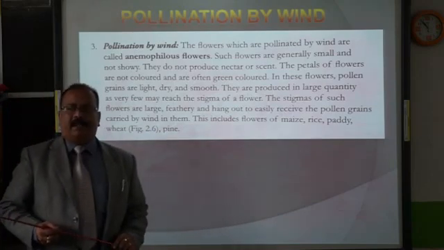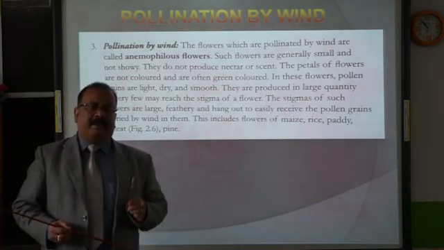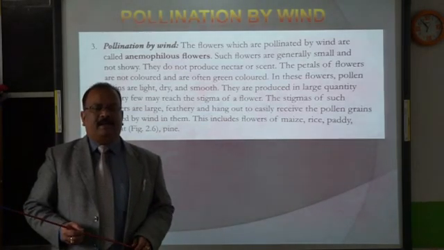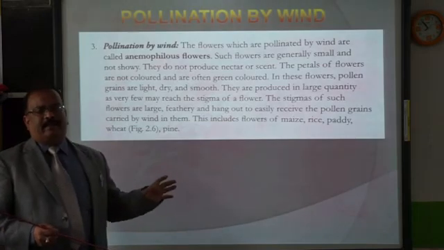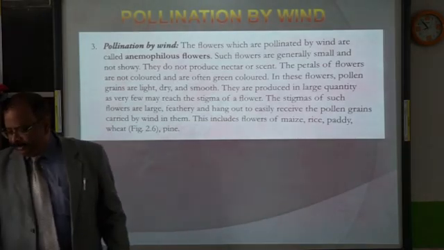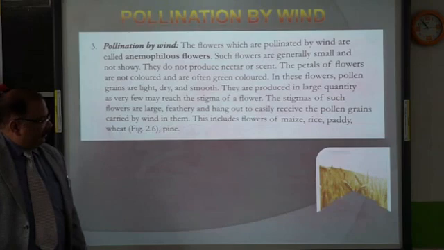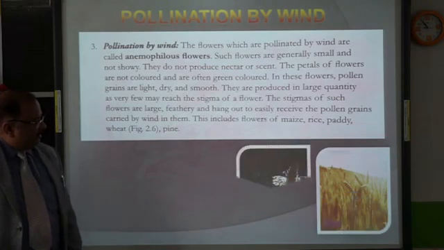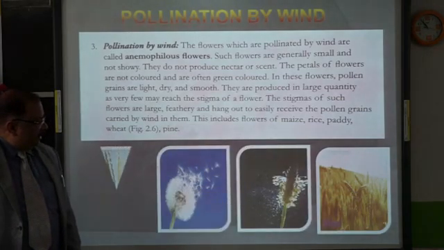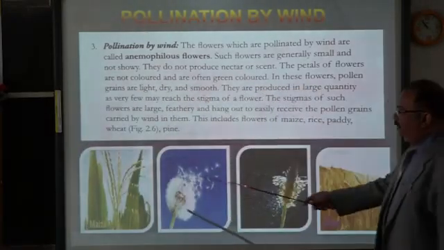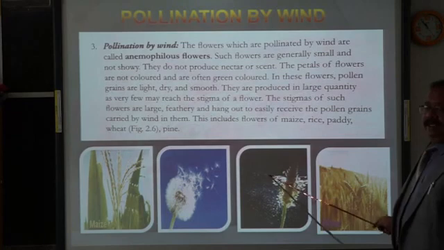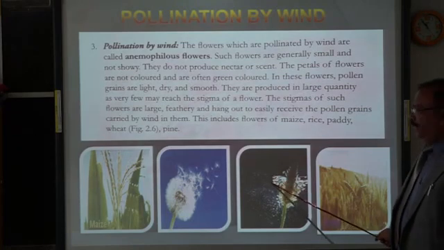So their flowers are unattractive, very small, sometimes green in color. When the wind blows, these pollen grains are transferred from anther to the stigma. Look at this. It's the wheat. Okay, and these are the various examples of the flowers which are pollinated by the help of wind.